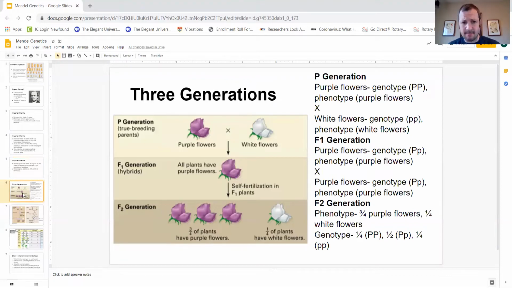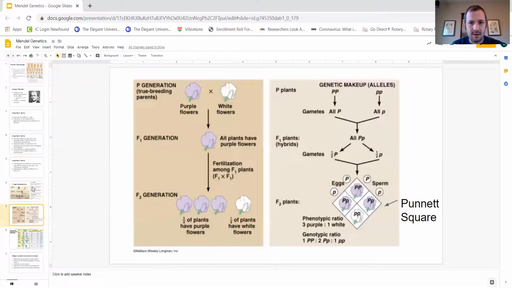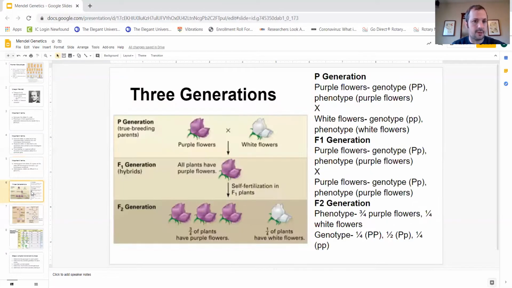I'm going to do this on paper, but there are slides here that do the same thing for you. There are slides 6 and 7 on this slideshow that I'll post. But Mendel was famous for his generational studies that gave what he thought was kind of an odd result. So let me talk about the odd result, but I'll end up doing this on paper.